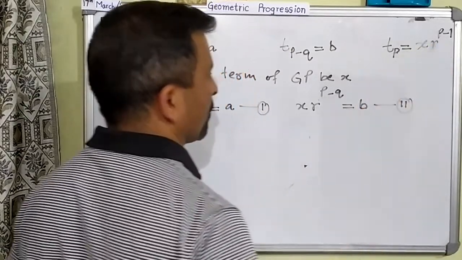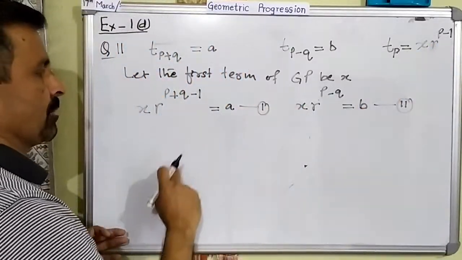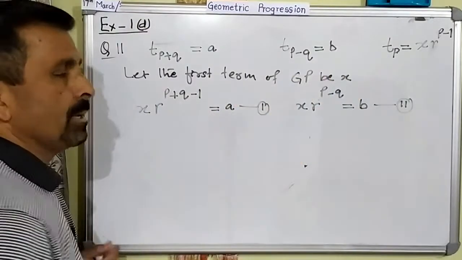Now to find the value of the pth term, we will multiply these two equations. By multiplying the two equations, we will be able to get the pth term.